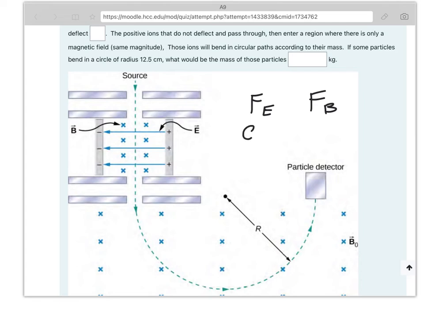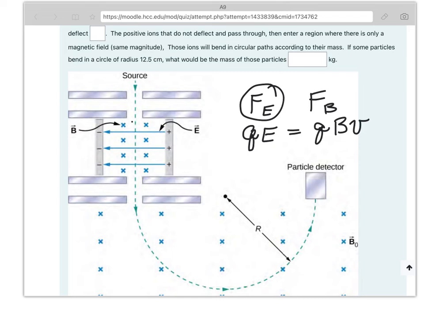The electric force is just the charge times the field. And the magnetic force is QVB sine theta, but just QVB, right? Because the field and the direction of the particle are perpendicular, sine of theta will be 1.